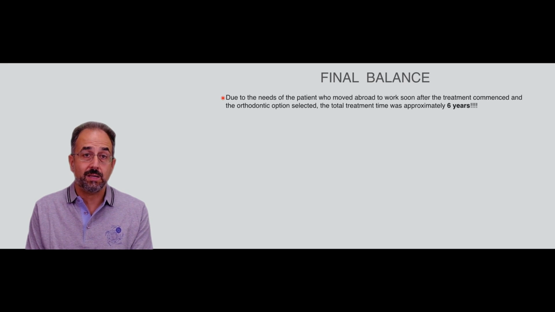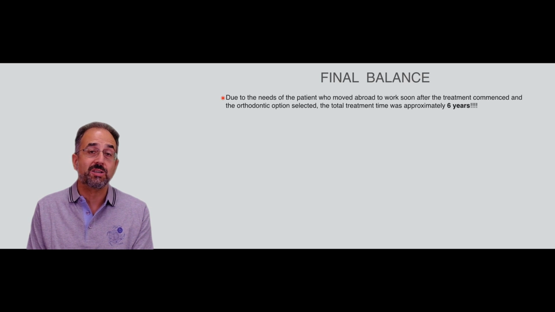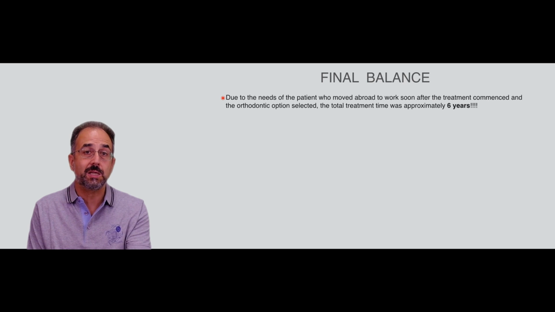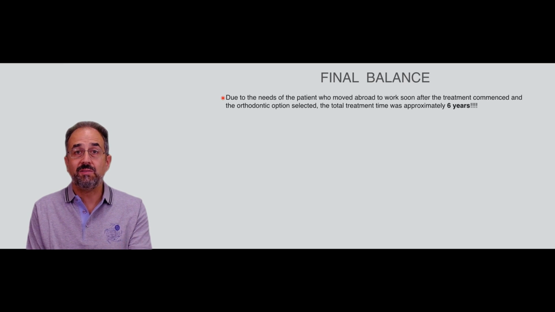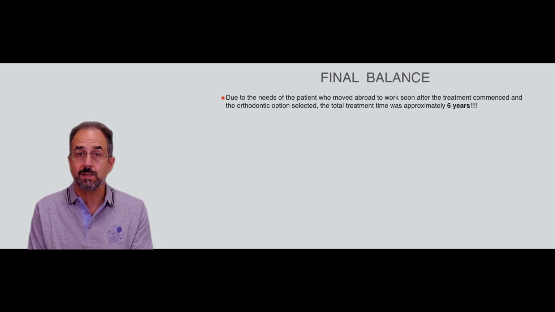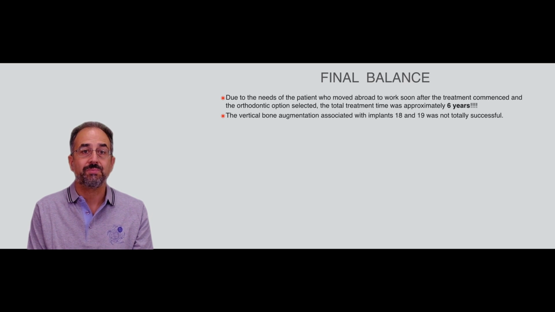Certainly, the type of orthodontic movement played a role, but also the fact that this patient was unfortunately not living in Milano, but in other cities, and at one point she moved abroad, so she was coming back very seldom. Generally speaking, I see my orthodontic patients once a month. With her, we diluted this to 2 and sometimes even 3 months. So you can understand how that expanded the treatment time.